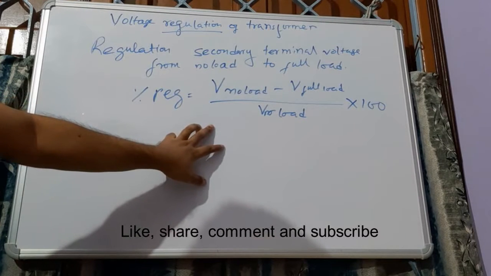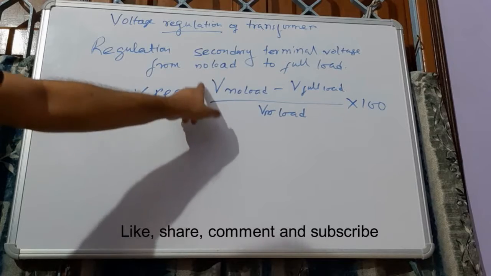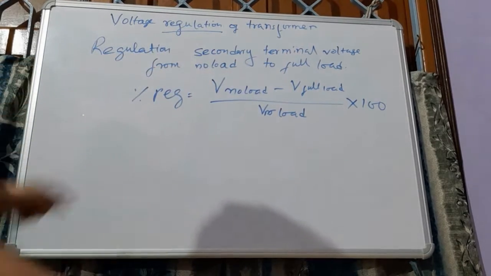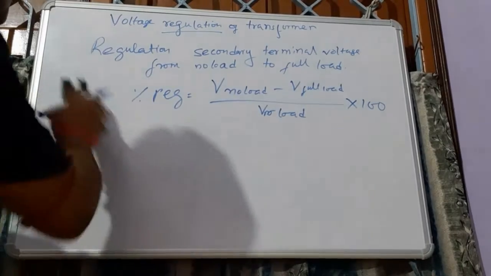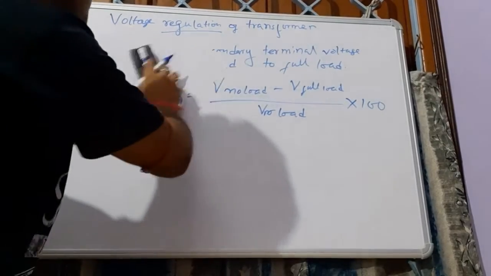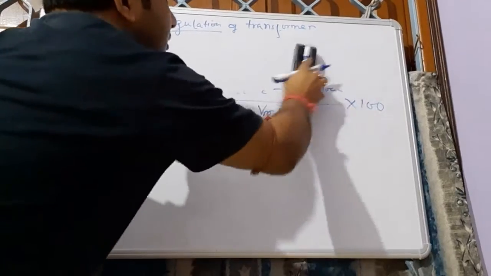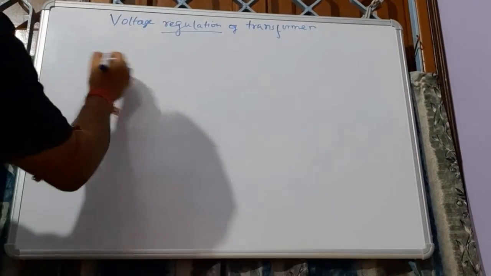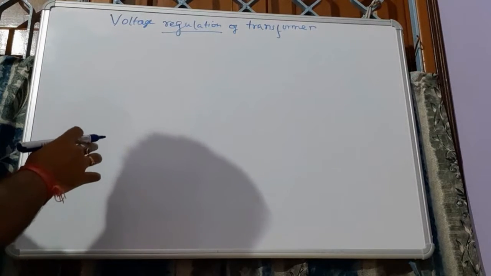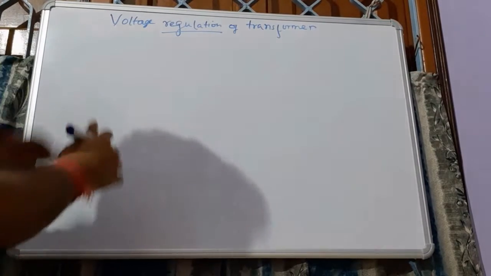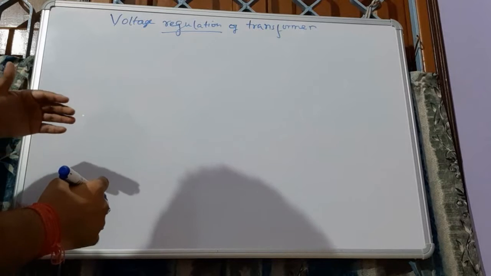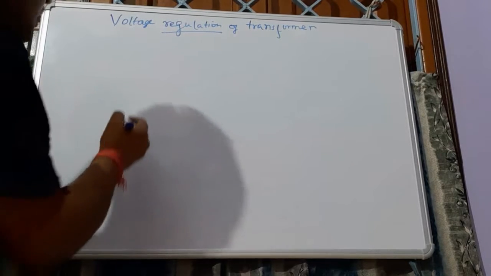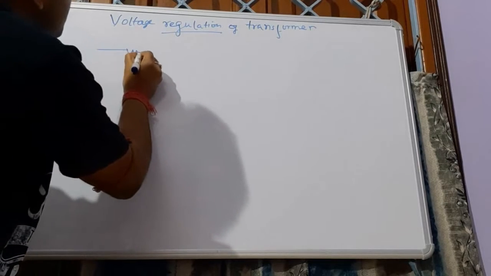Okay, now to obtain this portion, I need to draw the equivalent circuit of the transformer. Okay, I am erasing this part. I'm drawing the equivalent circuit of the transformer referred to secondary.